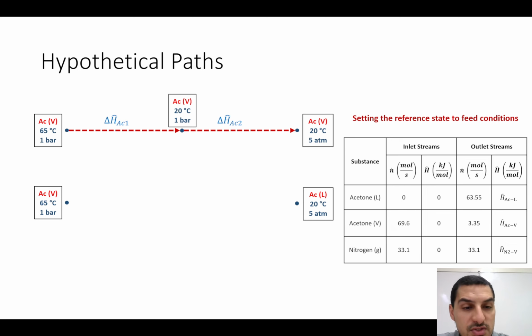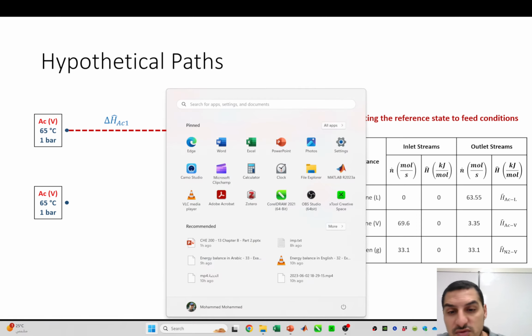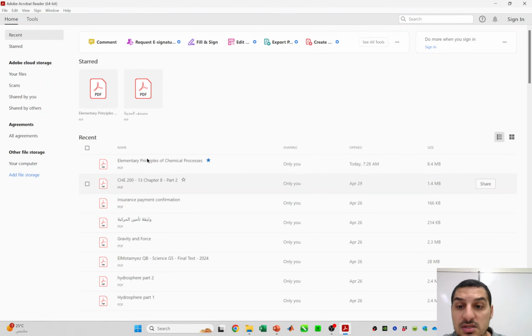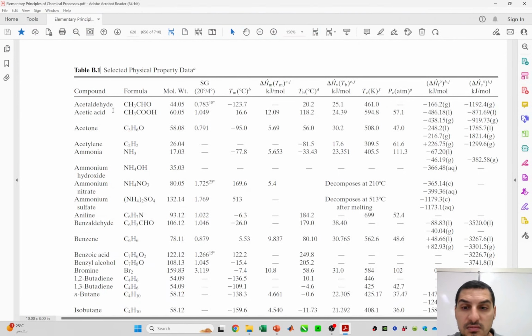Again, since we have a phase change, we have to first look at the available information about the latent heat of vaporization. The latent heat of vaporization is available at the boiling point. I don't know, maybe the boiling point is 65 degrees Celsius or 20 Celsius, so I have to look it up and check the value of the latent heat of vaporization of acetone, and I mean the boiling point of acetone, I'm sorry.